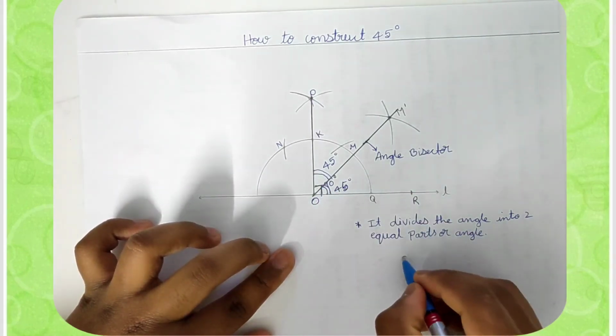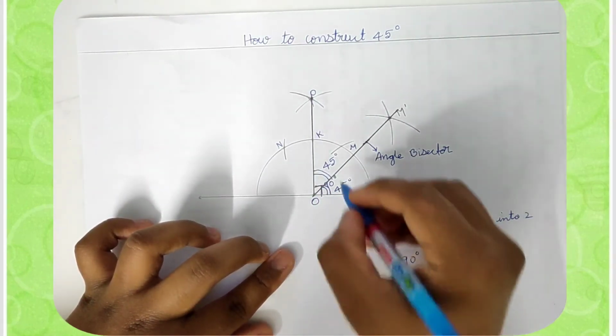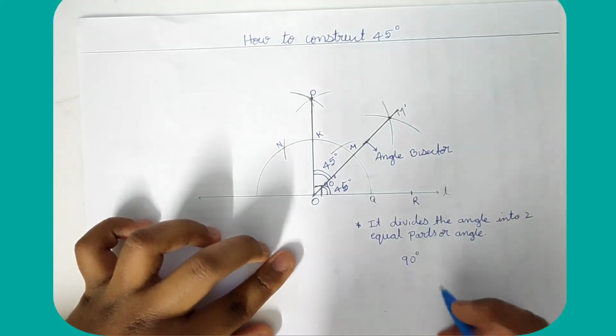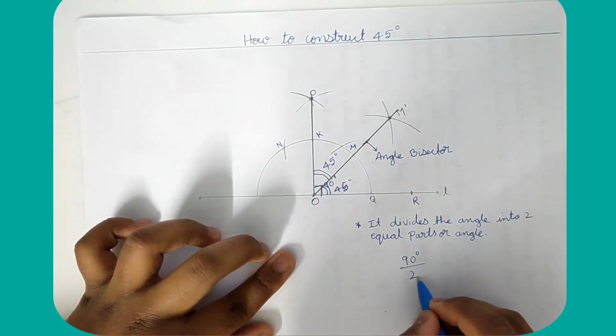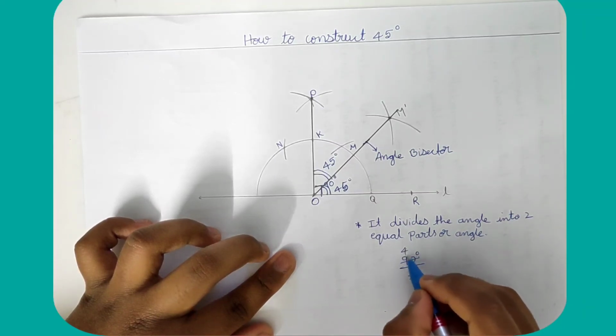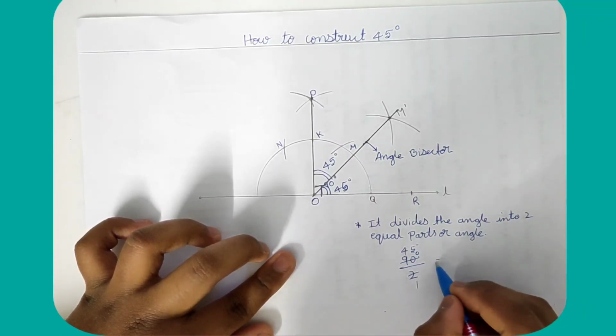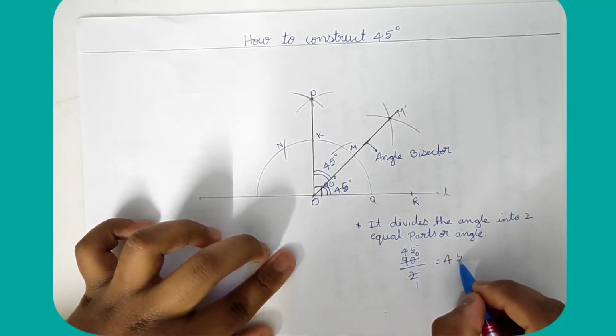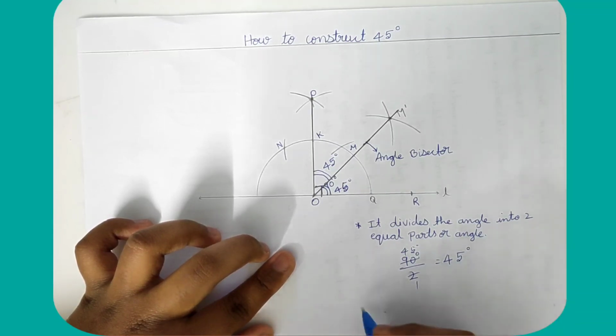How we get two equal parts? There are two parts, so 90 degree is divided into 2, so we get 45 degree.